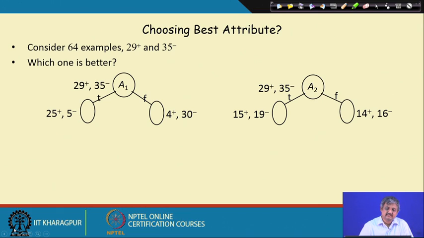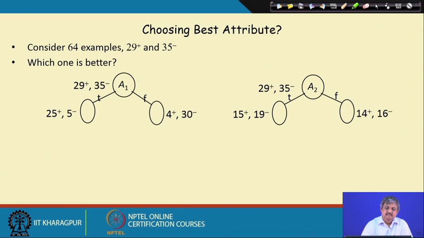Suppose your initial training set contains 64 examples, and of them 29 are yes class and 35 are no class.